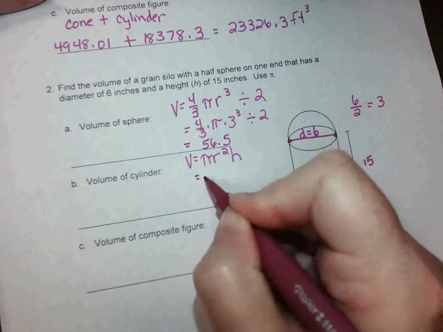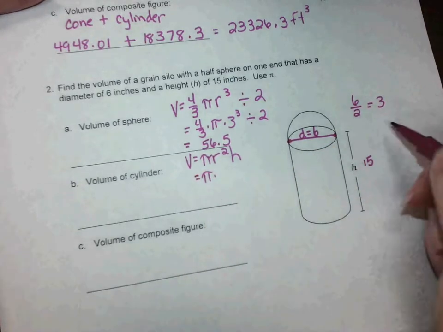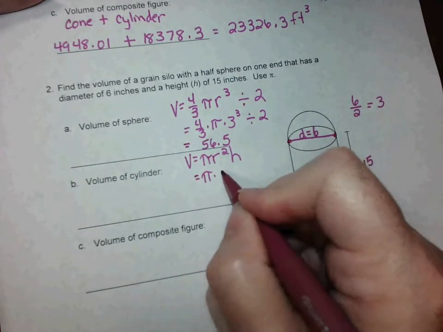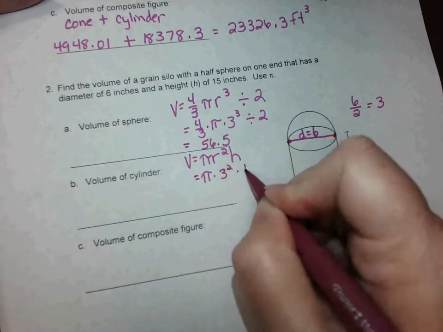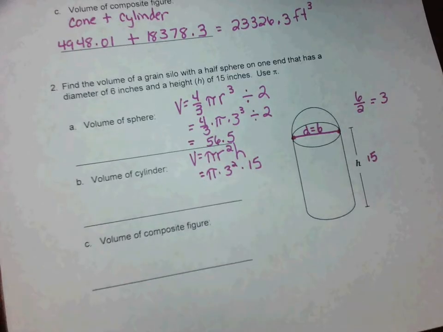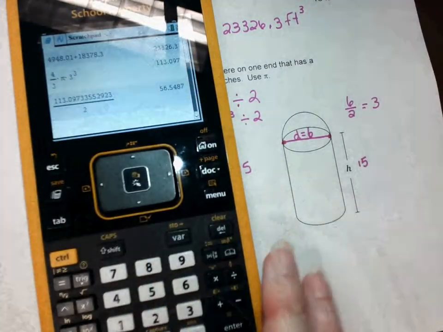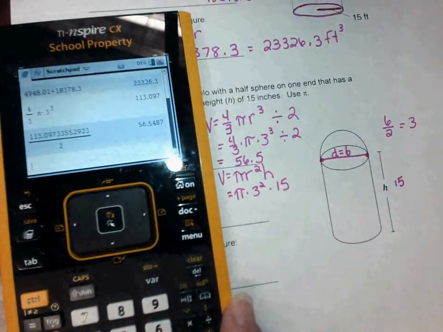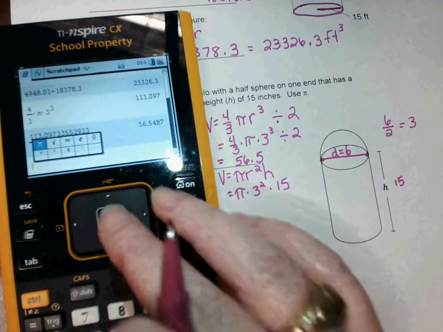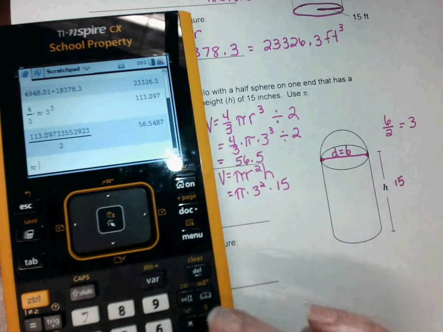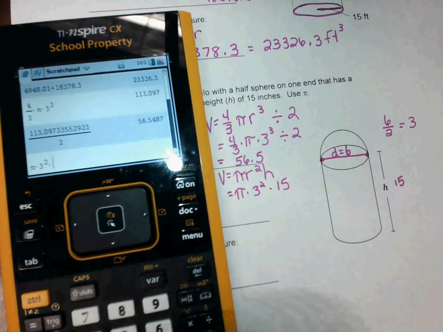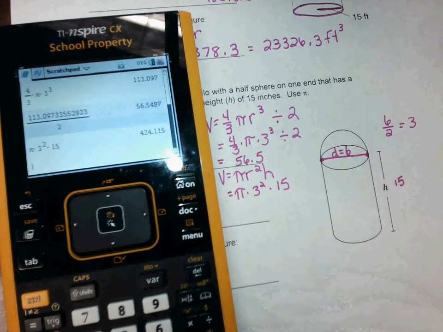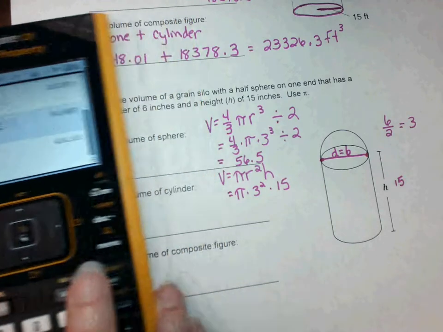I've already written the formula, pi times my radius, which is the same, 3 squared, times the height. So I'm going to do pi times 3 squared times 15. And I get 424.1.